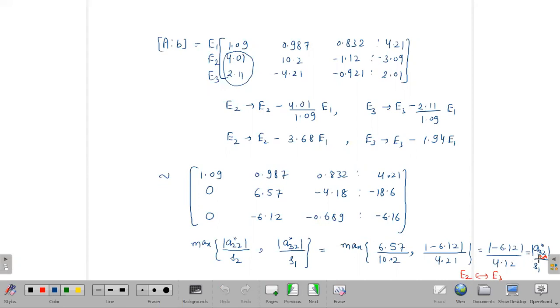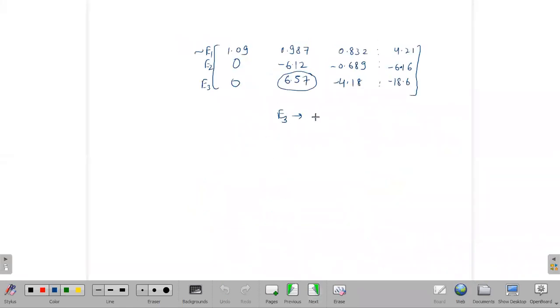The ratio is coming for 3:2, so you have to interchange the rows according to scaled partial pivoting. E3 minus 6.57 divided by minus 6.12 into E2, approximately 1.07 E2 with 3 digits.